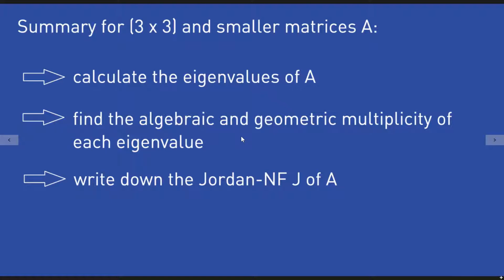After that, you can immediately write down the Jordan normal form J of A by using the geometric and algebraic multiplicity of the eigenvalues. So the algebraic multiplicity is the length of the Jordan blocks, and the geometric multiplicity tells you the number of sub-blocks inside of the blocks. This is enough to tell you how the Jordan normal form J looks like.